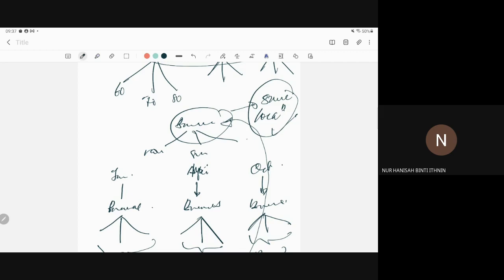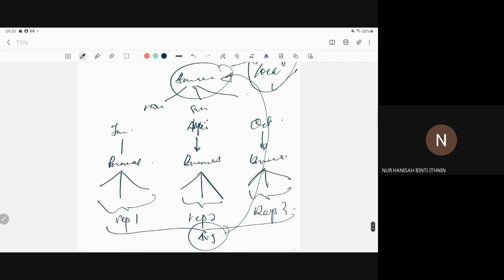But I would prefer that samples are taken throughout the year to represent the changes in the bananas throughout the year, if there are any. Okay. Any other questions?